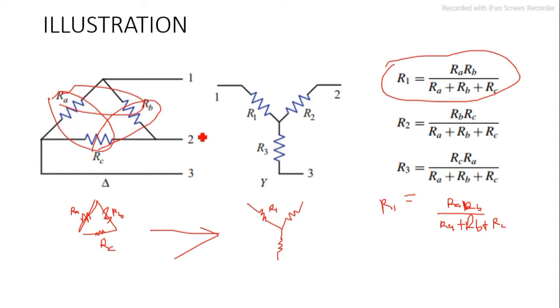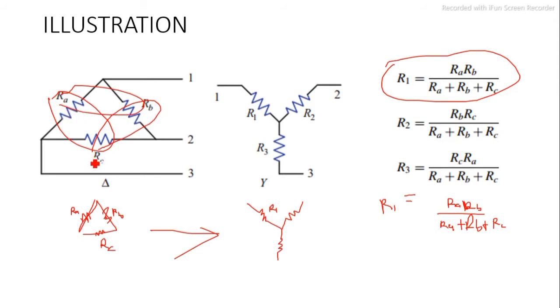Then R3 takes RA and RC divided by the sum, which is RC times RA divided by the sum. Anyhow, you can take them in any direction, but make sure that when you are calculating, you don't make a mistake. Your R1 should be the combination of these two. When you want to calculate your R2, don't use the combination of these two again.